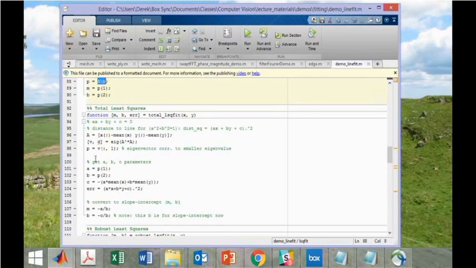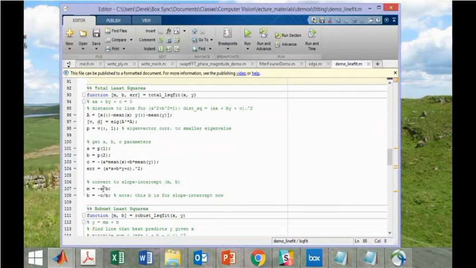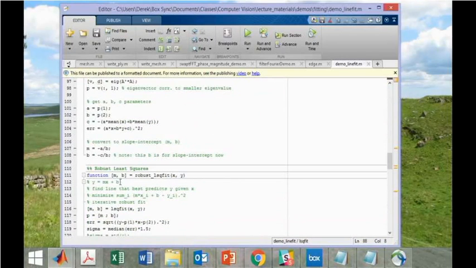Then I get A and B from this P that I solve for, and remember that C is just minus 1 times A times the mean of x plus B times the mean of y. And my error is here. Then I'm just converting from the homogeneous form to slope-intercept form so that I can compare to the true values, because I specified my values in slope-intercept form.